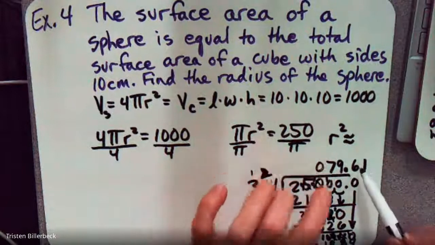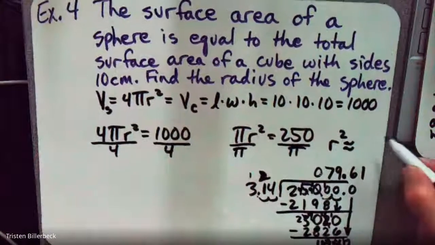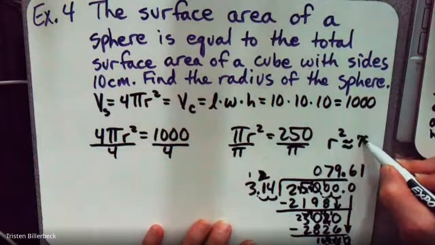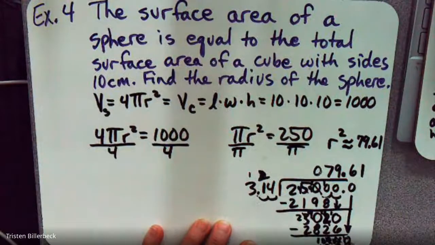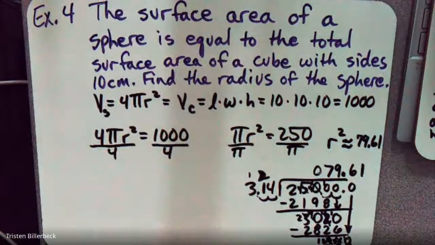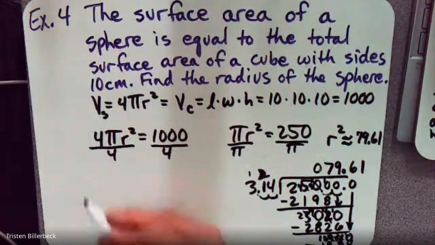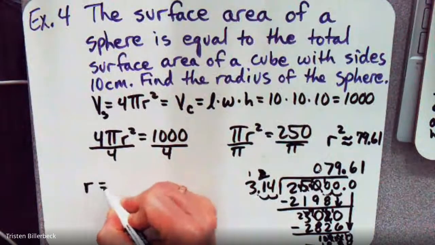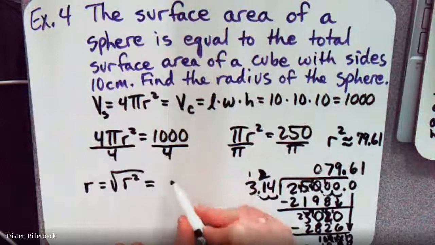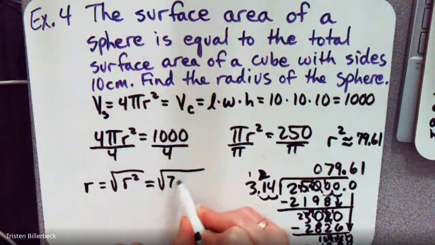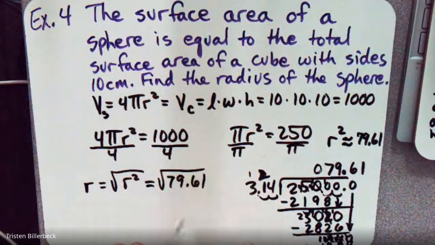Okay, so we have to get the square root because this is 79.61, because there's about one of the 314s in 560. So that's why I put 1 right there. Okay, so r equals the square root of r squared. So I'm going to take the square root of 79.61.